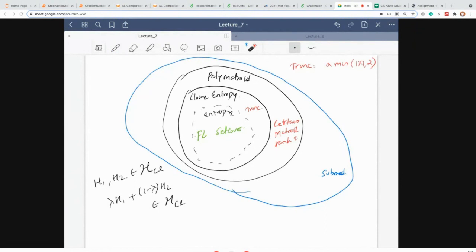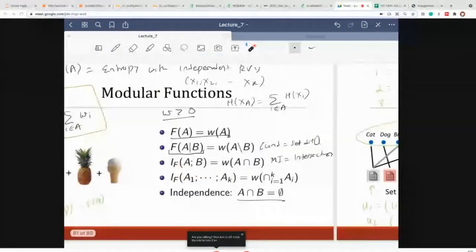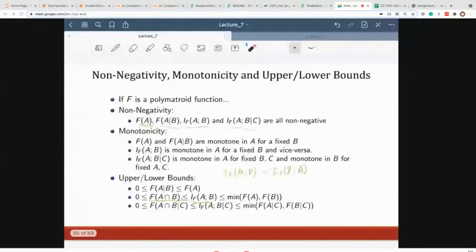Does that answer your question? Yeah. Can we say that f of A given B is less than or equal to f of A? Yes, I believe that's true. So basically what you're saying is that f of A union B minus f of B is less than or equal to f of A minus B, and that's actually a great point.